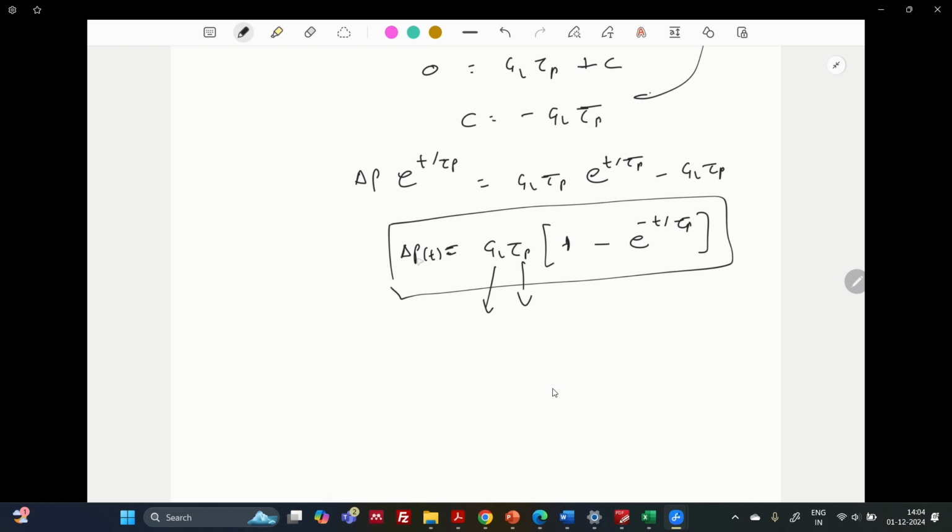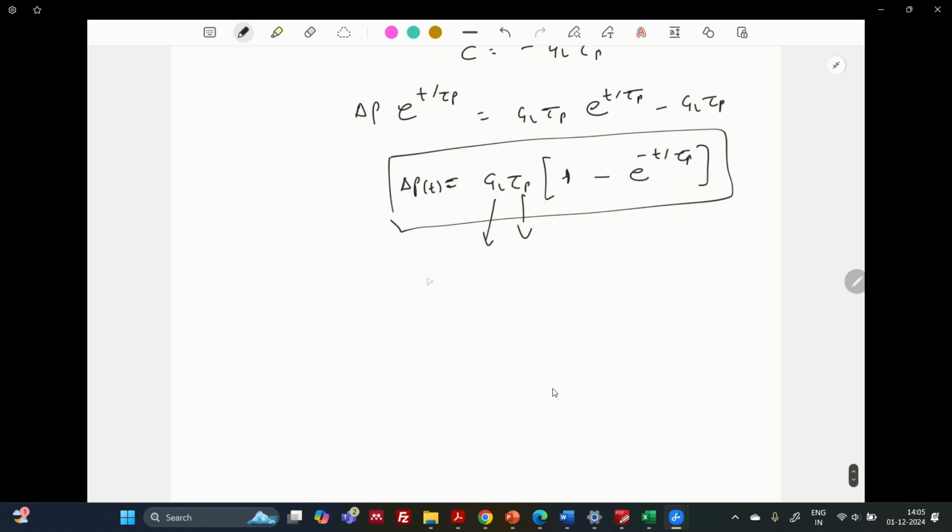So delta p will approach a constant value GL tau p at t equal to infinity, and it will start from 0. So how will the curve look? The curve is going to look like this. Finally it will reach this level GL tau p, and it starts from 0, and it will look like this.